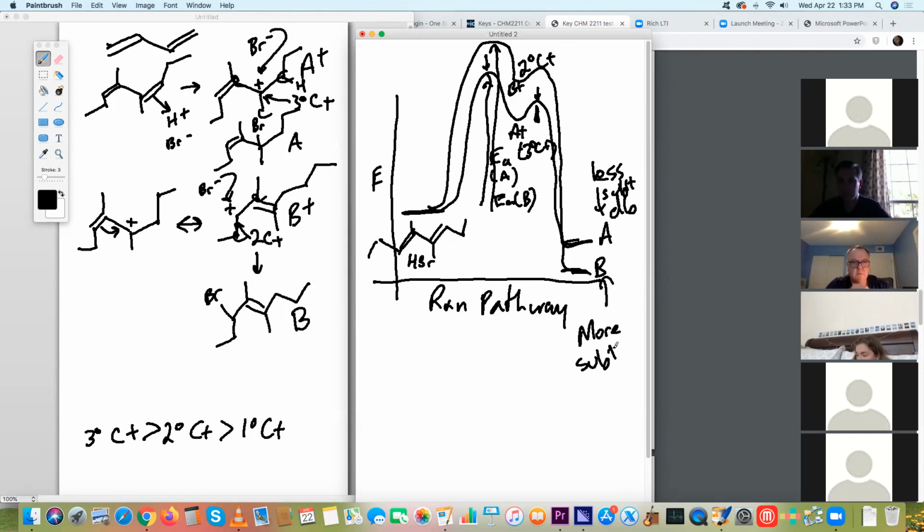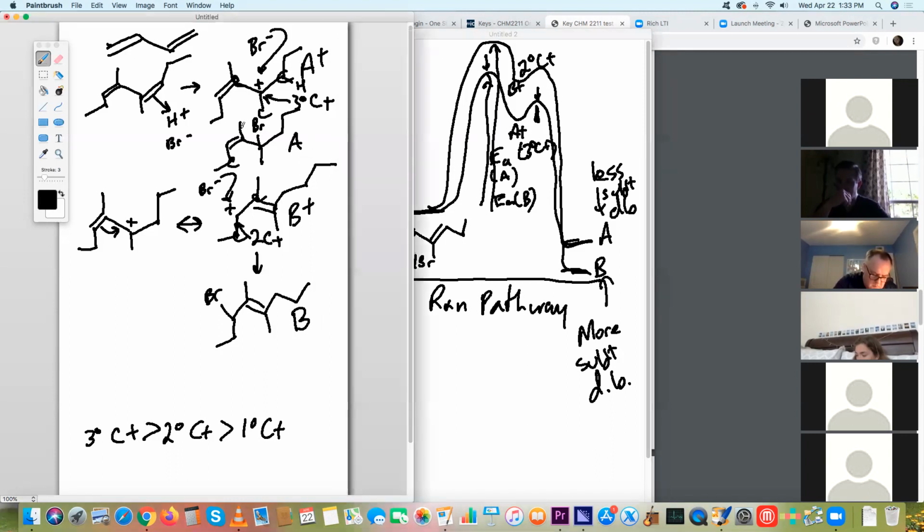All right, so let me explain what I mean by that. When you look at A and you count the C's directly connected to the double bond, you'll see that this has 3 C's connected to it. And in the case of B, we've got 1, 2, 3, 4 C's connected to the double bond.